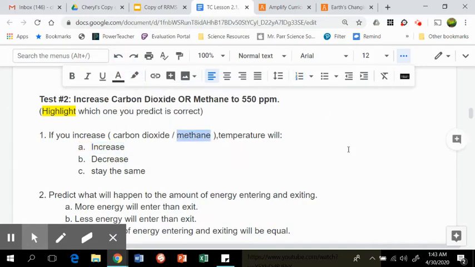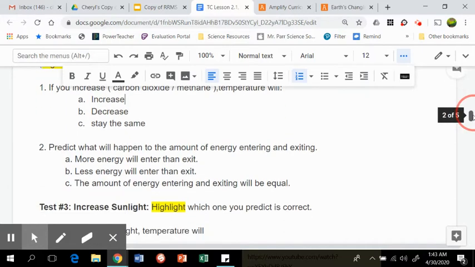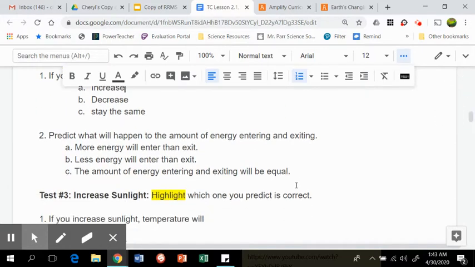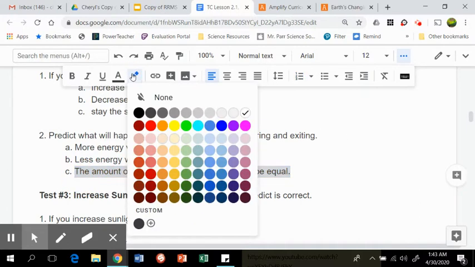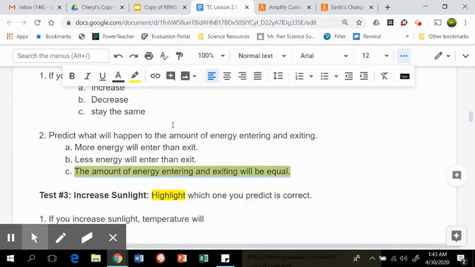But you're making your predictions here. Predict what will happen to the amount of energy entering or exiting the system. A, more energy will enter than exit. B, less energy will enter than exit. Or C, the amount of energy entering and exiting will be equal. Whichever one you think is correct, you're going to highlight a choice here.